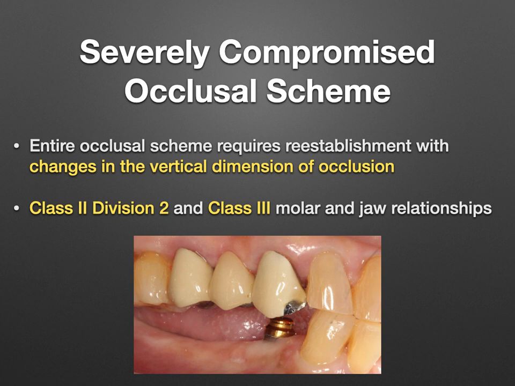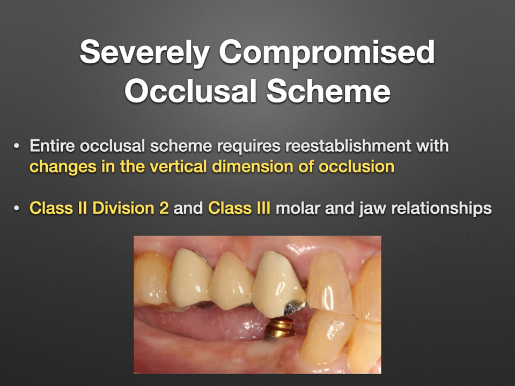So that will make the prognosis less promising. Also, if a patient is a class 2 division 2, meaning the patient is a class 2 and has a severe overjet, or is a class 3, those cases are also considered very hard to deal with.